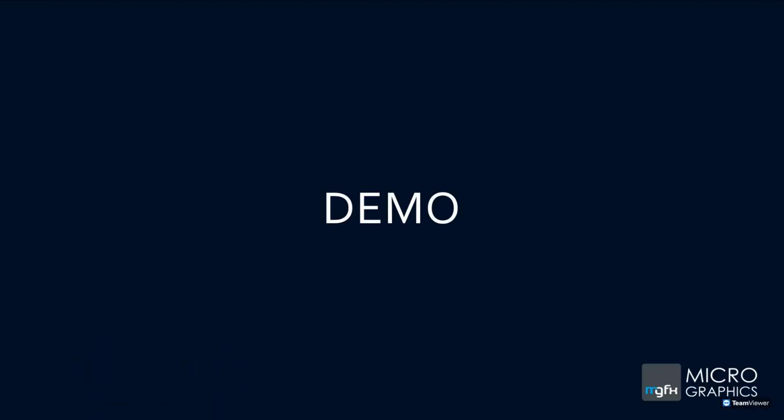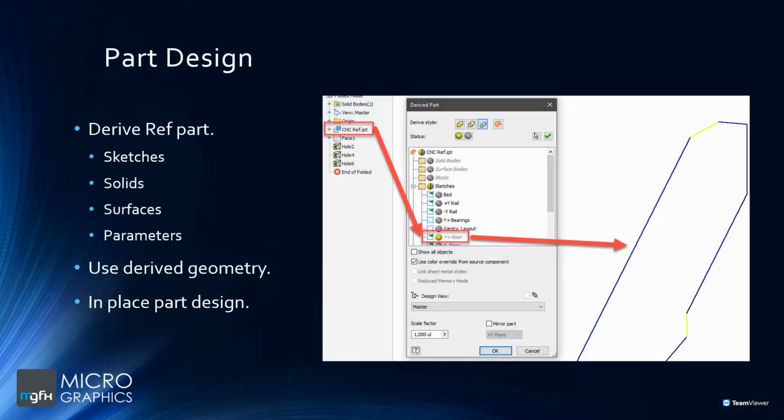The next section of the presentation, we would be looking at part design and how you would go about designing the individual components. We have that reference with all the different pieces as far as the sketches go, but we now need to extract just a certain piece of that and generate a single component.